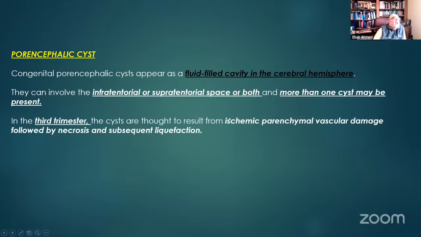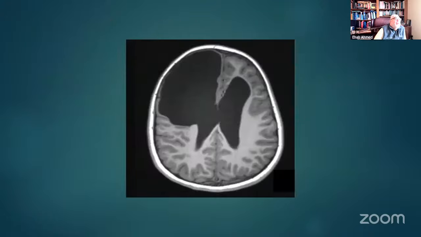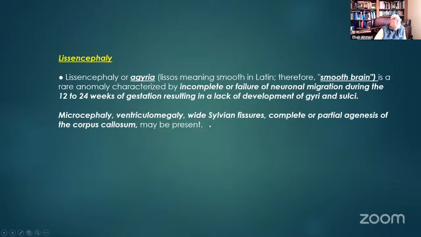That's why we mentioned initially this baby didn't have evidence of intracranial hemorrhage or parenchymal lesion. If this happens early in utero, depending on the site, there will be vascular damage followed by necrosis and subsequent liquefaction of the brain. Yes, this is the porencephalic cyst, which is connected to the ventricular system.